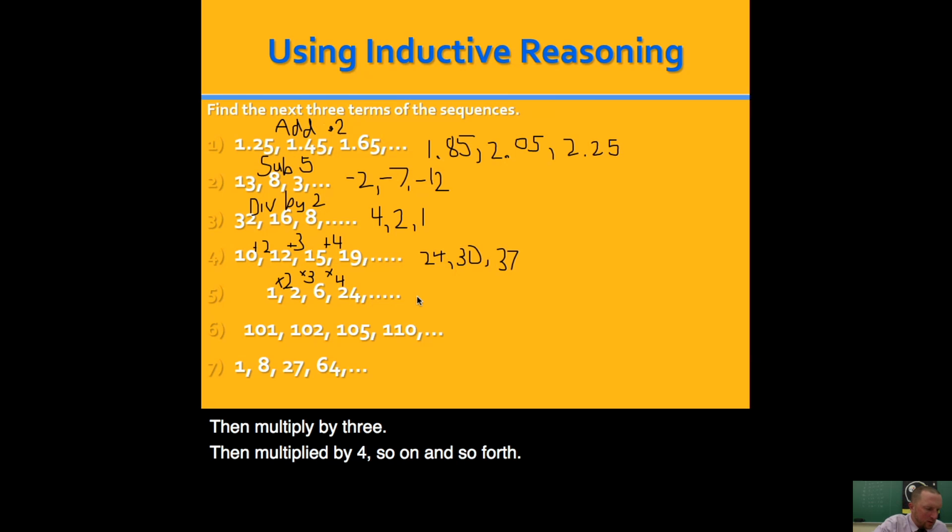So we need 24 times 5. We need 120 times 6. We need 720 times 7.